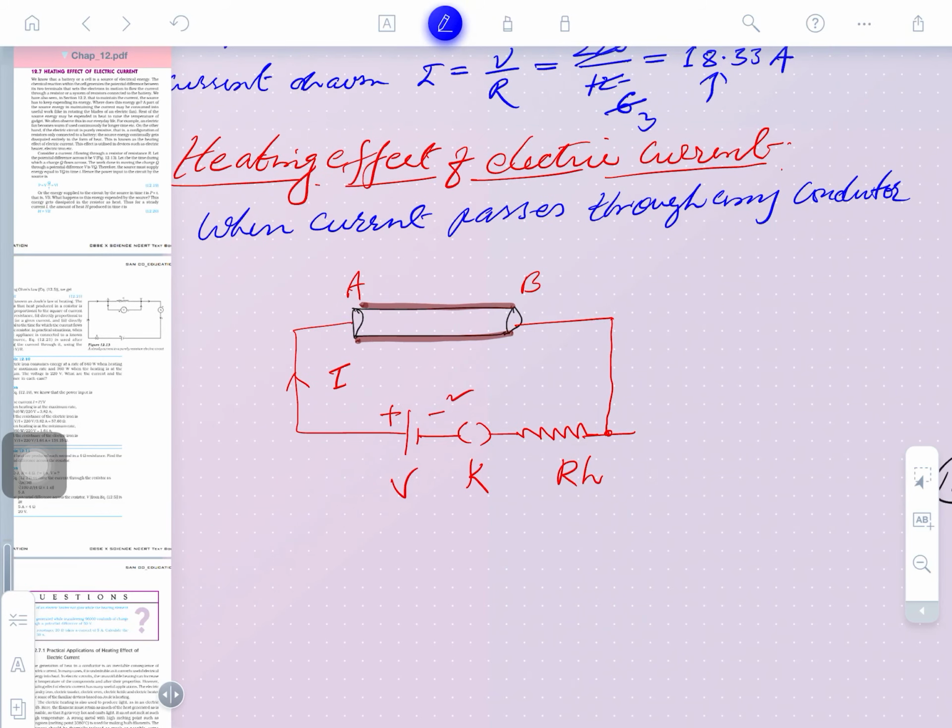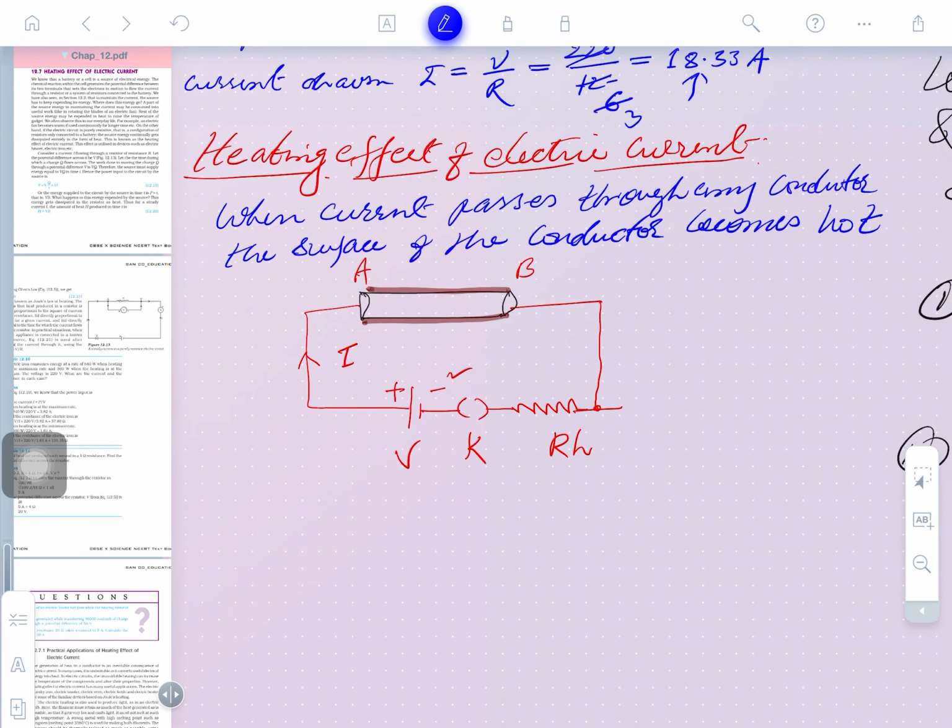When current passes through any conductor, the surface of the conductor becomes hot.